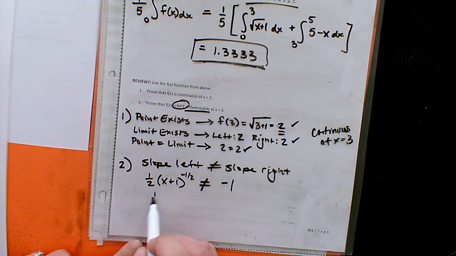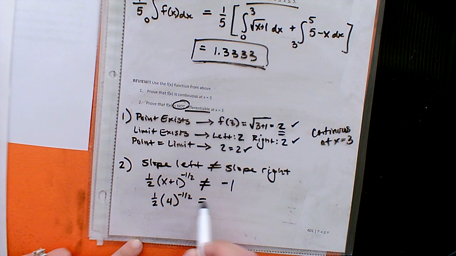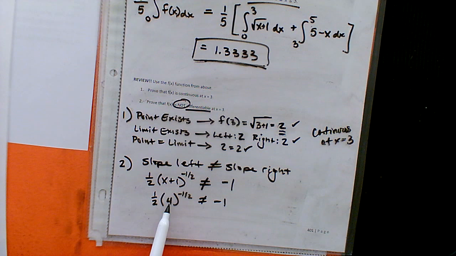Okay, and if we plug in 3 for x, so the square root of 4 is 2. Since it's a negative power, it would change to 1 over 2 to the bottom of a fraction.